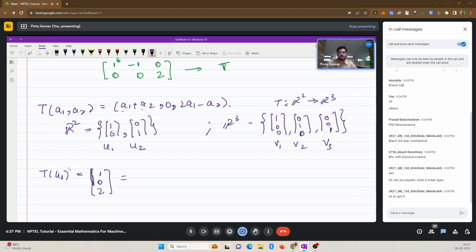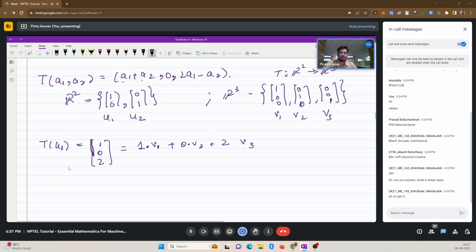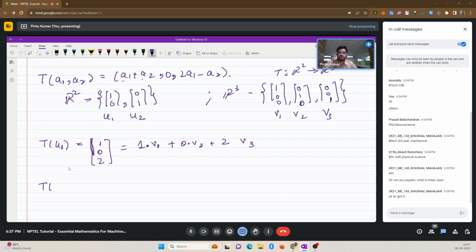Now we have obtained T of U1, and we need to write it as a linear combination of these vectors. This would be 1 times V1, the second position is empty so 0 times V2, plus 2 times V3. Now for T of U2, what we would obtain is again 0 plus 1, 1.